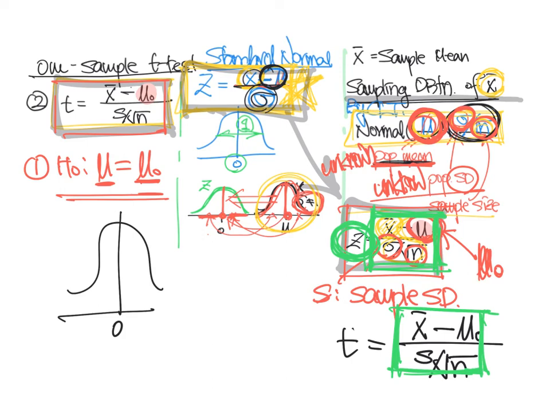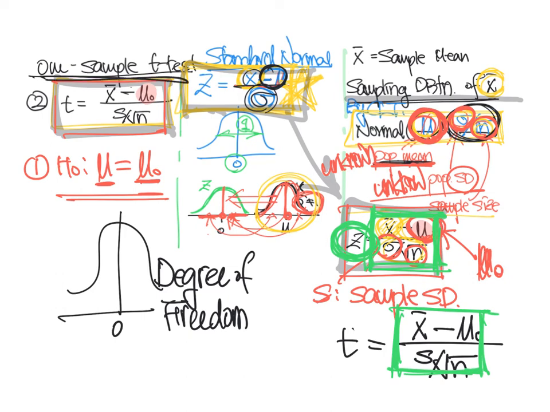Instead, we have the degrees of freedom. Can you remember the degrees of freedom? In the one-sample t-test, the degrees of freedom was n minus 1.